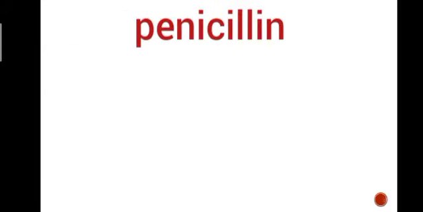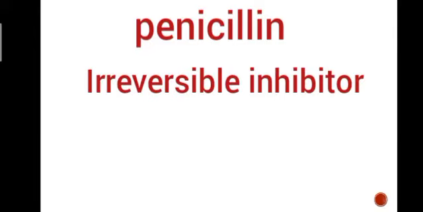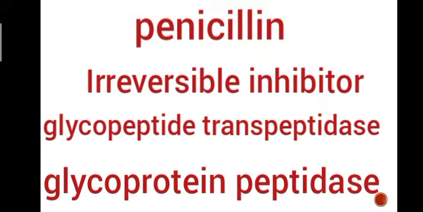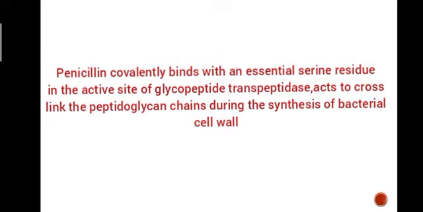The antibiotic penicillin acts as an irreversible inhibitor of the enzyme glycopeptide transpeptidase. This glycopeptide transpeptidase, also known as glycoprotein peptidase, and penicillin covalently bind with an essential serine residue in the active site of glycopeptide transpeptidase, an enzyme that acts to cross-link the peptidoglycan chain during the synthesis of bacterial cell walls.